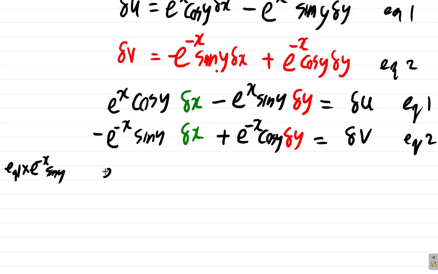Well, here we have e to the x cos y times e to the x sine y. It would be here e to the x sine y times this and multiplied by delta x, minus.